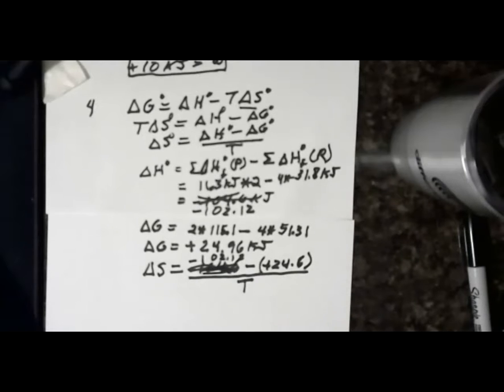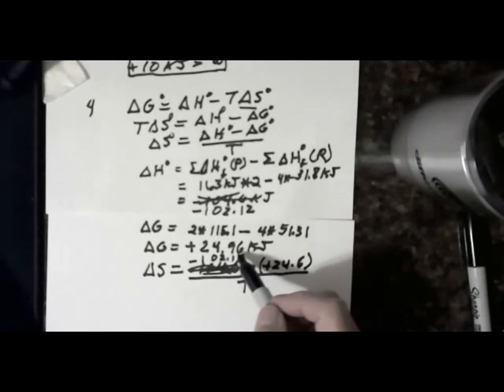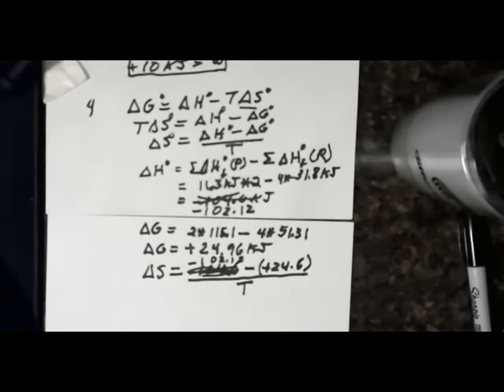But okay, now, let's put these numbers in. I've got that number, and I want to subtract 24.6 from that. That is 24.96. I almost did it again, 0.96. So I'm taking minus 102.12, and I'm subtracting 24.96 from that.